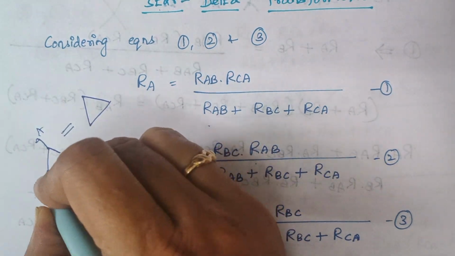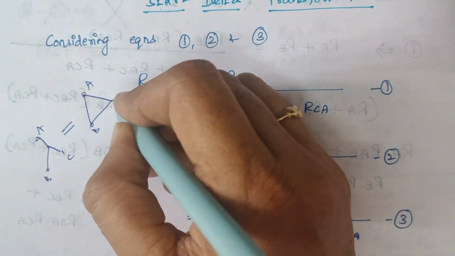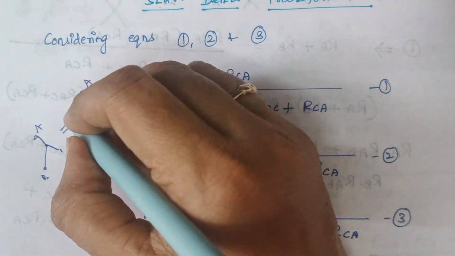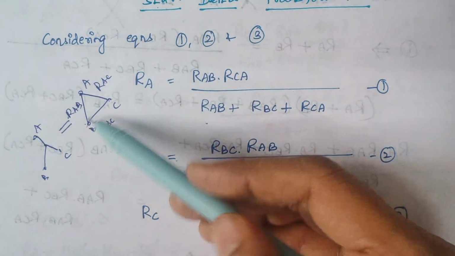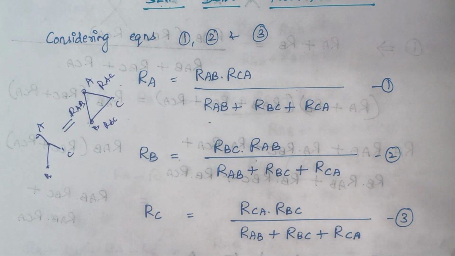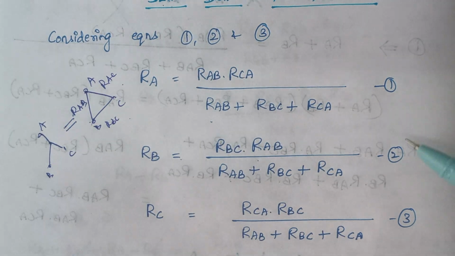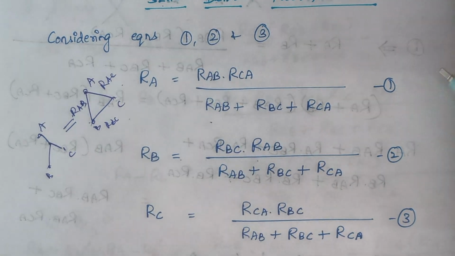So A, B and C, similarly here A, B and C, so RAC, RBC and RAB. We need to calculate RAB, RAC and RBC. The first thing is we are going to multiply 1 and 2, next 2 and 3, and then 3 into 1.